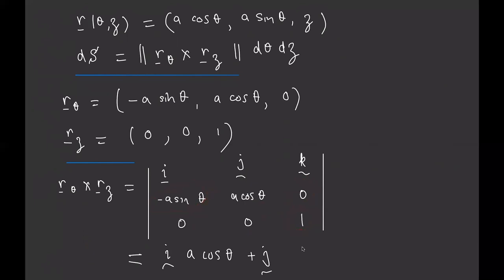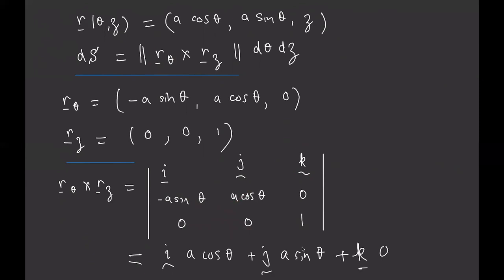So the minus sign and that negative sign cancel. So I'm just going to get a sine theta. That's easy. So a sine theta. And then I have a k component. What's my k component going to be? My k component is that, which is 0, minus that, which is also 0. So there's no k component. So this is actually quite nice.